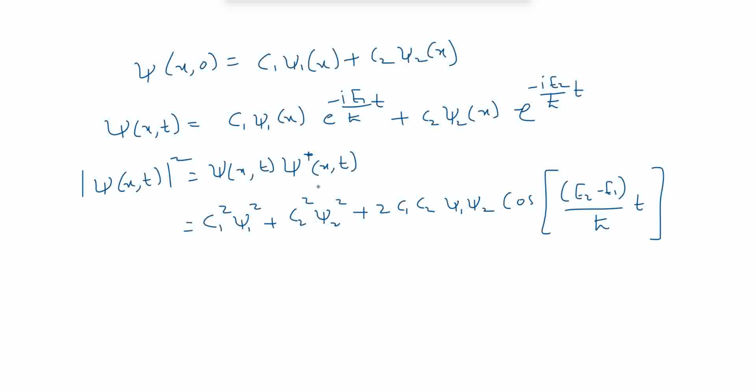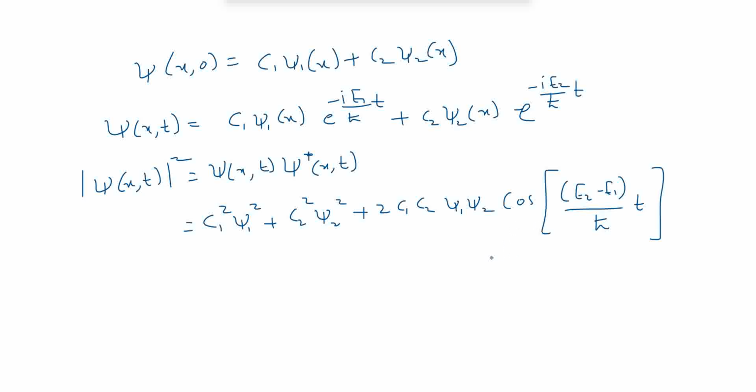We get this when we do this. So here we can see that the probability is oscillating because it is a function of E2 minus E1 by h cross times t. So it is varying with respect to time.